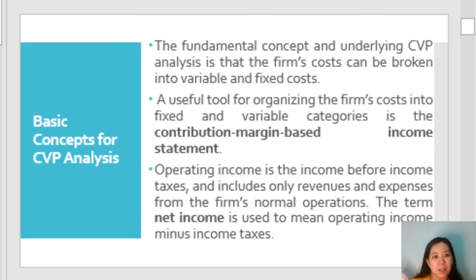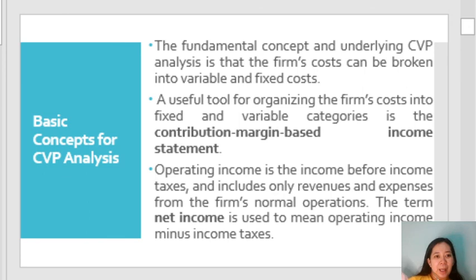So CVP analysis is considered to be a useful tool for organizing the firm's costs into fixed and variable categories. So this will be reflected later in our contribution-based income statement.